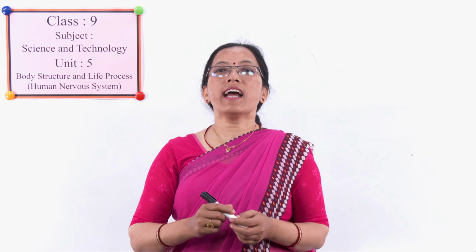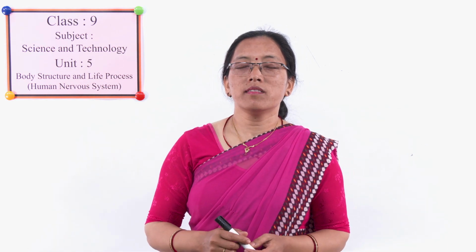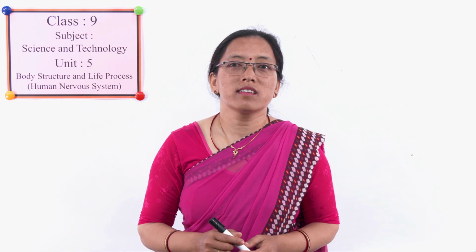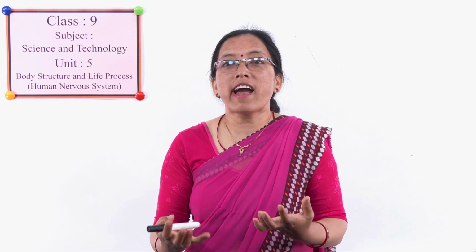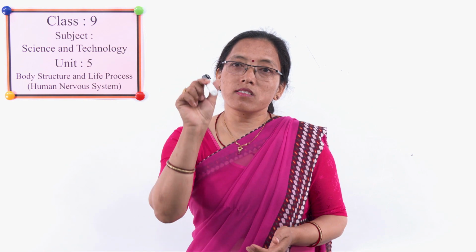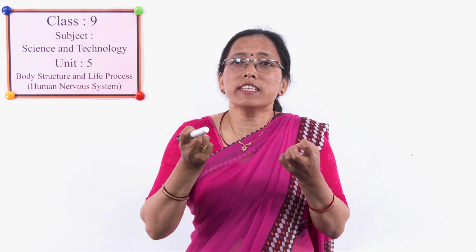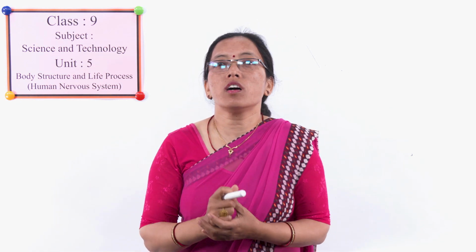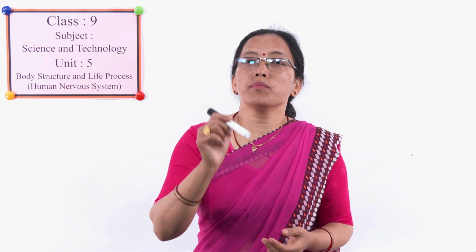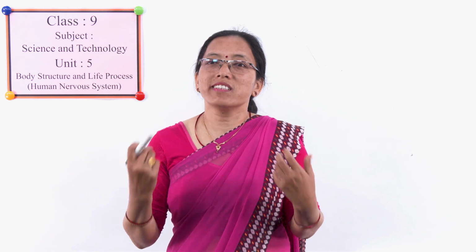You go behind, you blink your eyes, but it is not said by your brain. Suddenly you show the reaction. This is the stimuli, that is, an external agent which causes some irritation in your body. Towards the stimuli, your body shows the reaction.